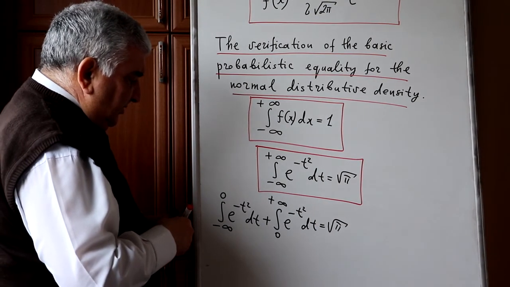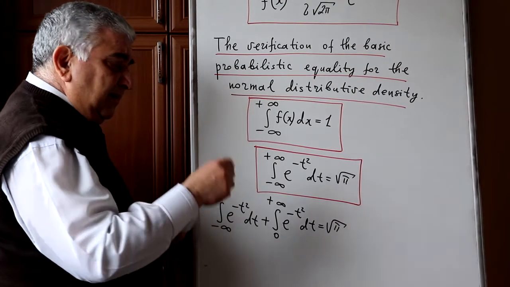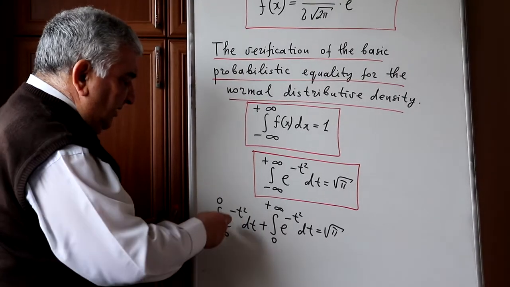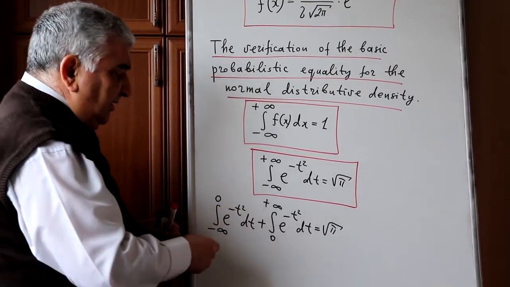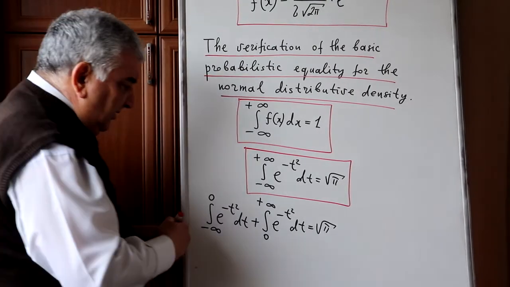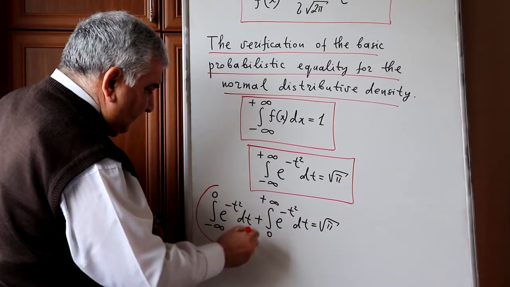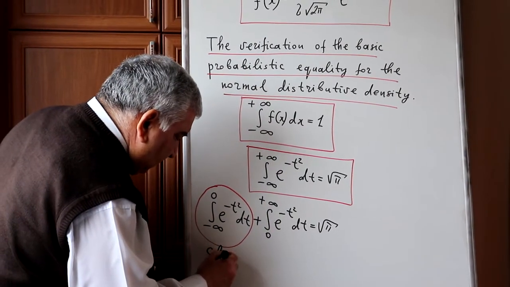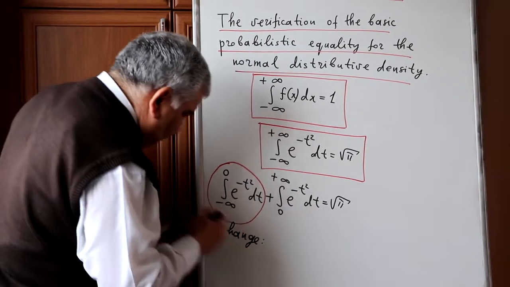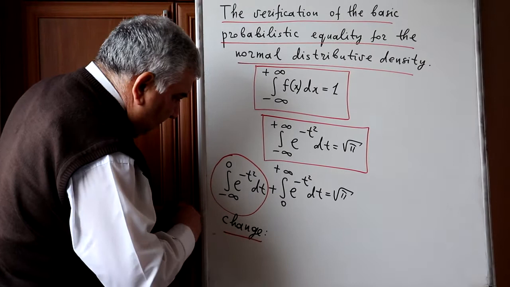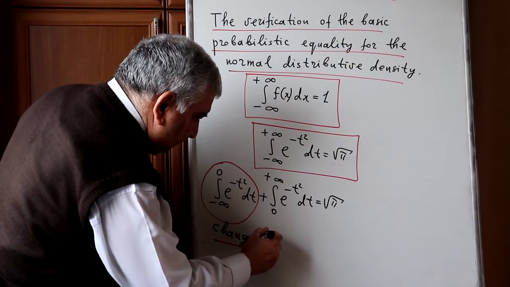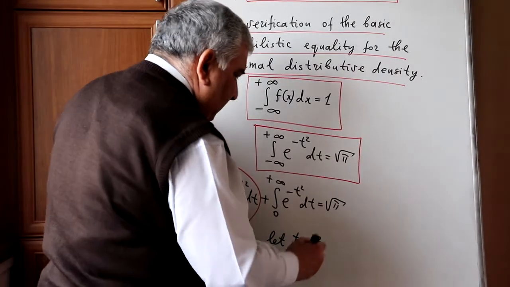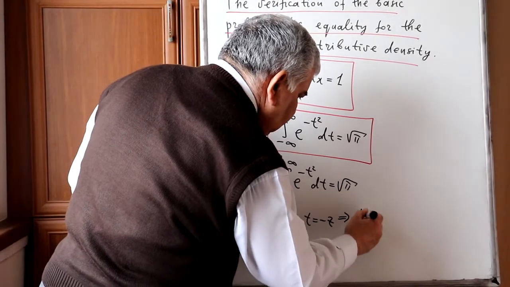Then make the change in the first integral: let t be minus z. Then dt is minus dz.